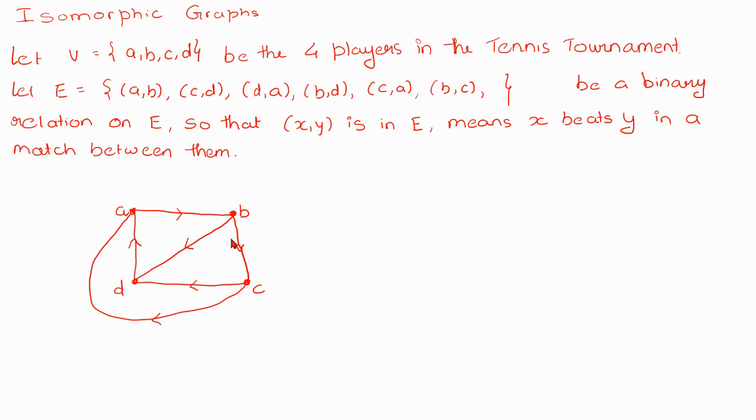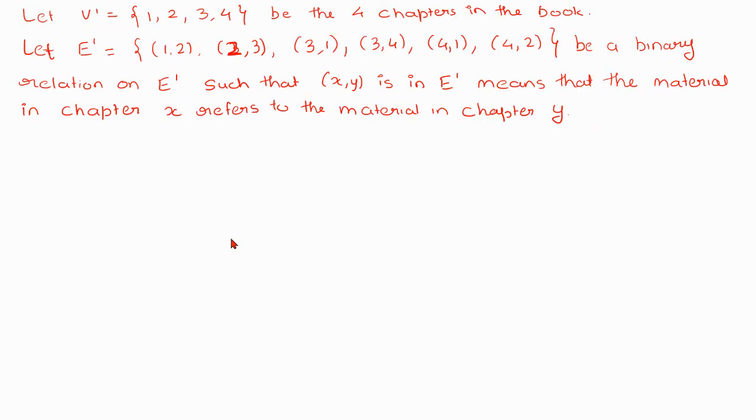Now again, consider this graph: let V dash equal 1, 2, 3, 4, the four chapters in a book. Let E dash be given by this, a binary relation on V dash such that (x, y) is in E dash means that the material in chapter x refers to the material in chapter y.